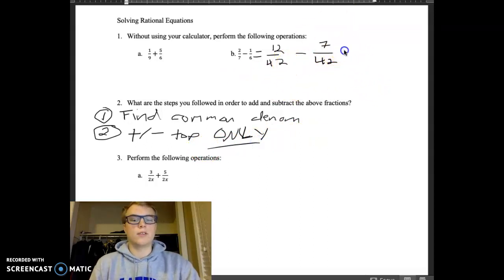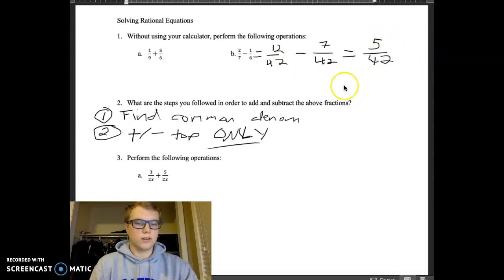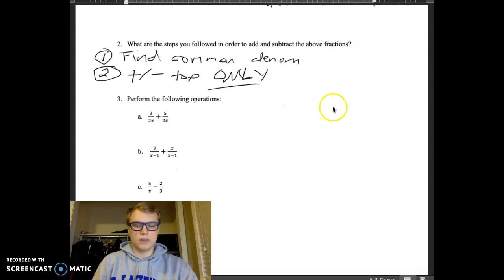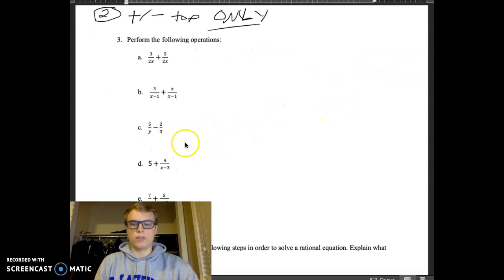So in this case, we have 12 minus 7, which is 5. Your answer is going to be 5 over 42. We carry over the denominator, and there's our answer. Okay? So we can use what we did in these steps to help us with simplifying these.